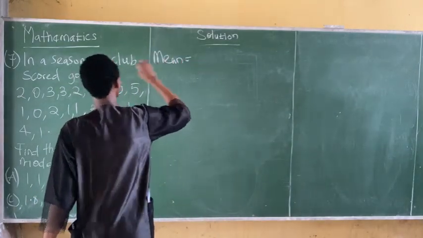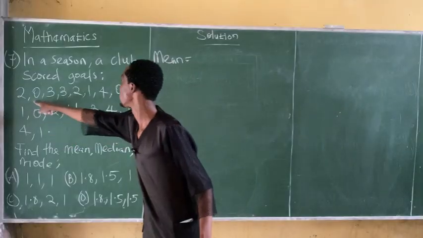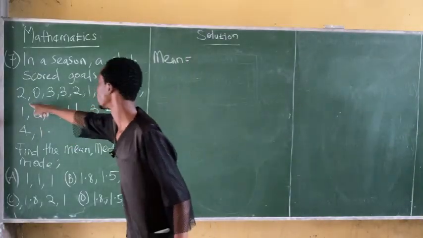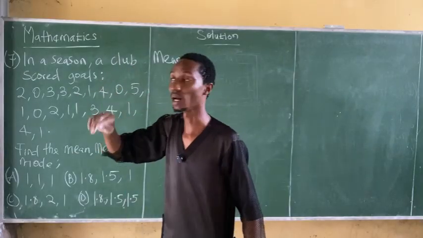Don't forget, mean is the same thing as the average. You sum up these values divided by their total number of terms. Sum of the terms divided by the total number of terms.